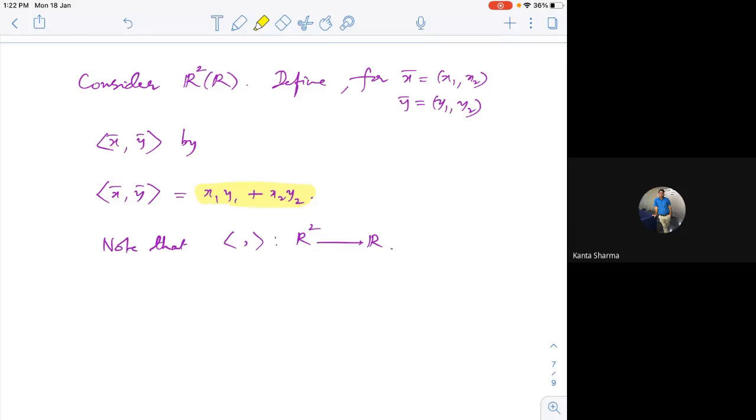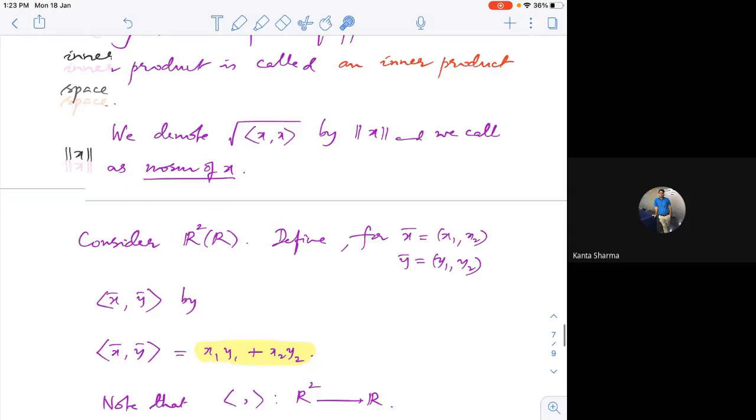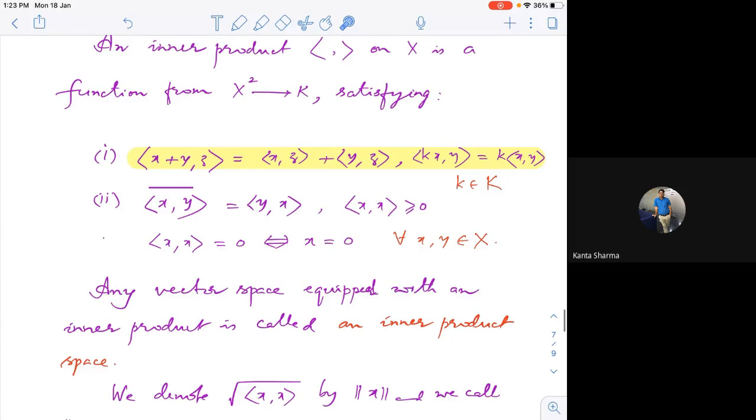Each pair of vectors like this is being mapped onto a real number, a scalar. We do not know whether this particular way of defining things is going to satisfy these conditions or not. This property is called linearity in the first variable.